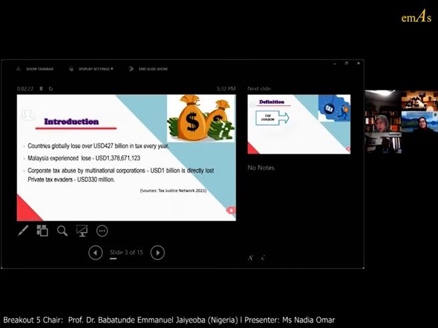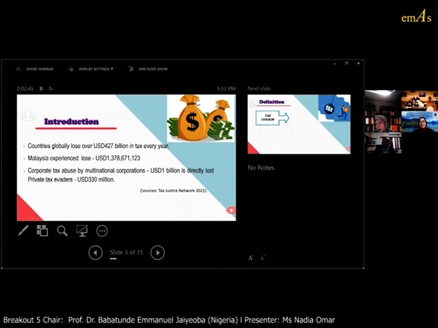Based on the Tax Justice Network 2021, countries globally lose over 427 billion USD in tax every year for offshore tax evasion.